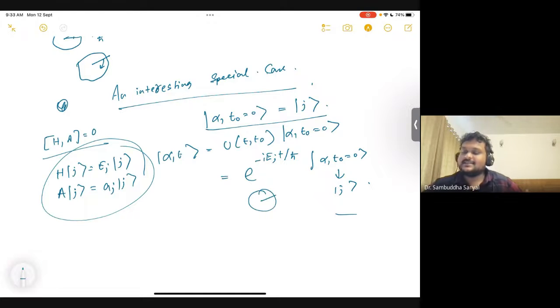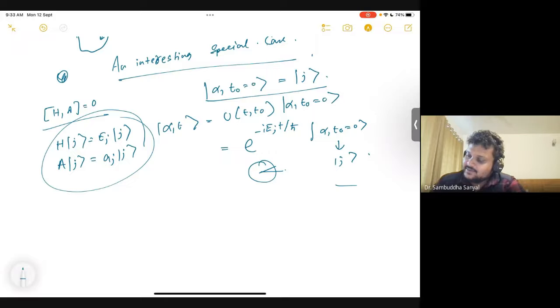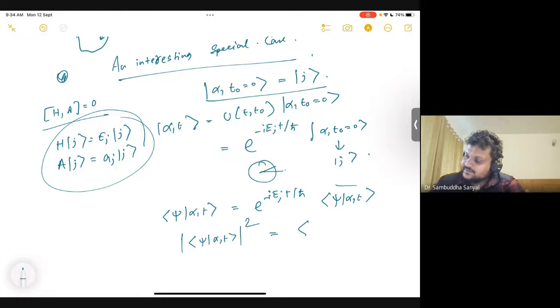This is the phase, and the angle will change with time, and that's the only thing. That means the probability will not change. The probability will never change, in fact. So if you calculate in some basis, let's say some psi, the mod square of psi with alpha t equals the mod square of psi with alpha t naught.